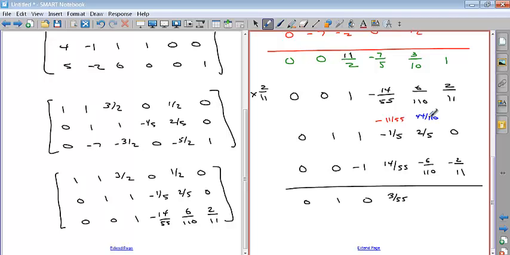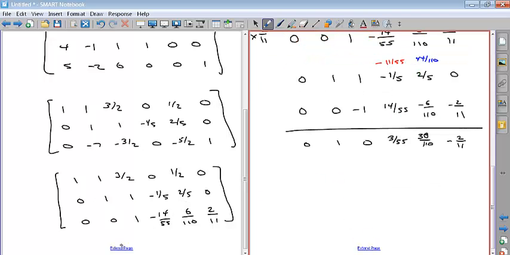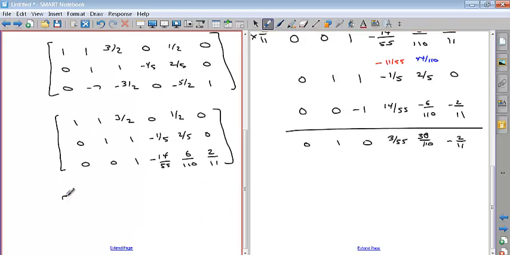Let's check that: 44 divided by 110 should be 0.4, which it is. Okay, so then you've got 44 minus 6, which is 38 over 110. And then you've got negative 2 11ths. So that's the new second row. So I can go ahead and write those in there and keep the last row the same.